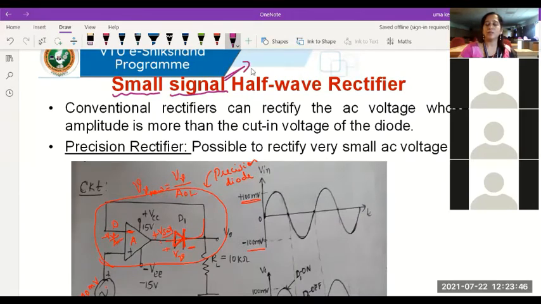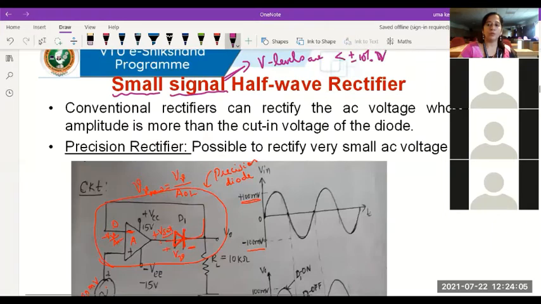So when I say small signal, remember the voltage levels are usually less than plus or minus 10% of the Q point levels.